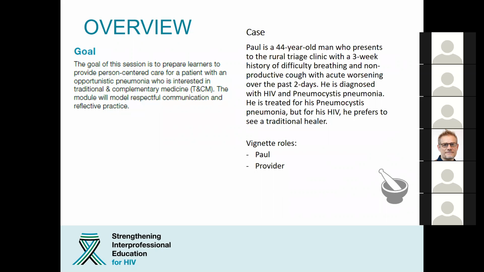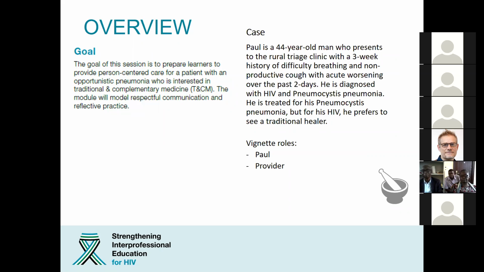And in the case, there's a 44-year-old man who initially presents to a rural triage clinic with subacute symptoms over the past 3 weeks, but then with an acute worsening, which is what prompts him to come in. And then throughout the course of the case, it becomes evident that although he completes his treatment for PCP, he is not taking his ART, and that is something for the provider or the learners to work through.